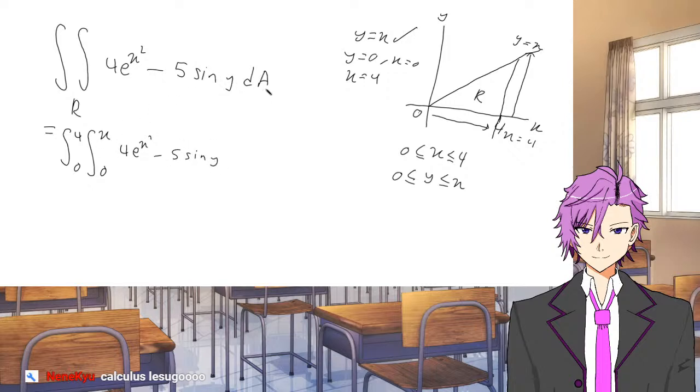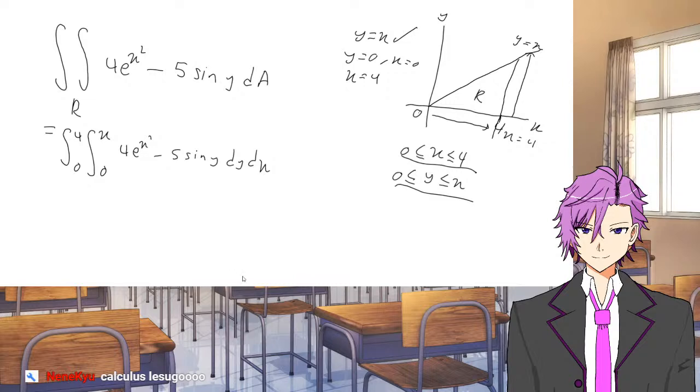Since this dA will be replaced with the intervals that we've set, and this is from 0 to x, we will integrate dy first, and then from 0 to 4 we will integrate with respect to x.